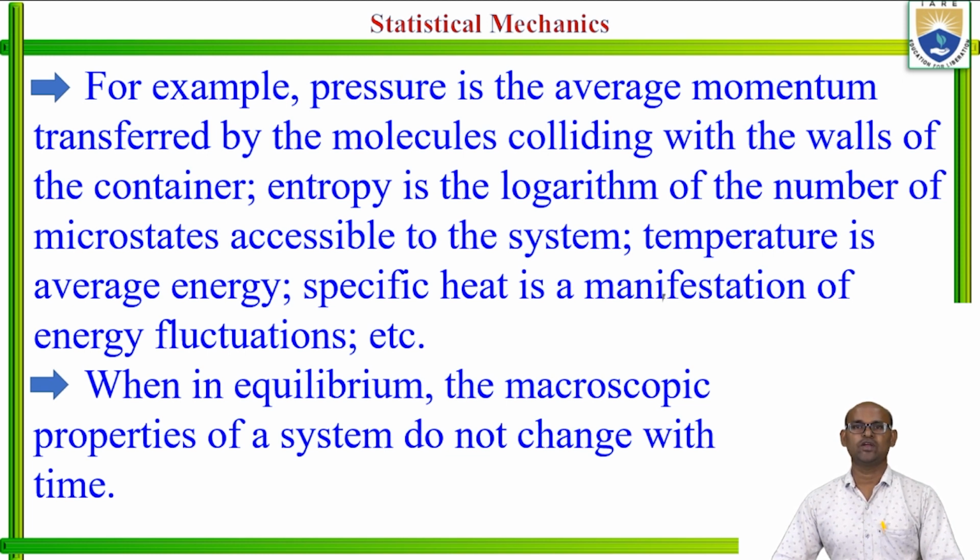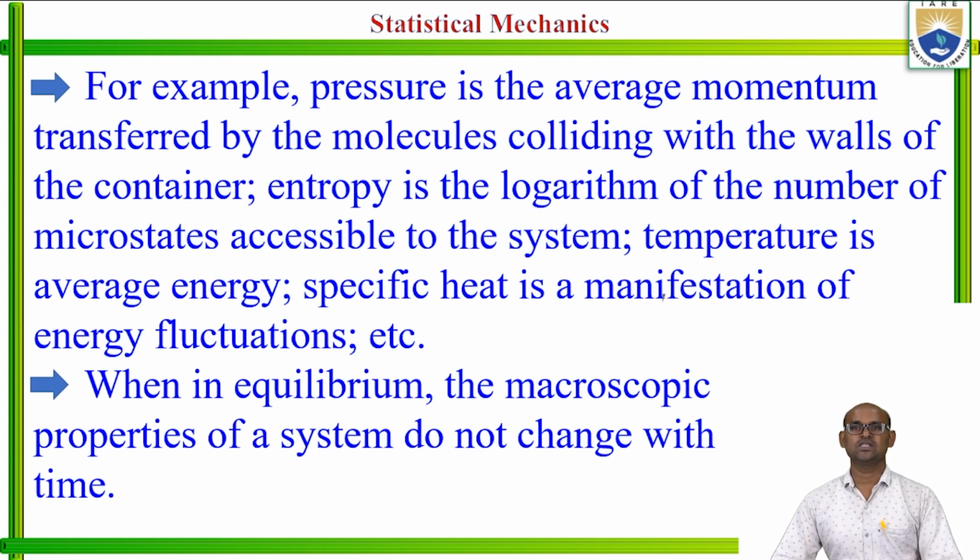Entropy is the logarithm of the number of microstates accessible to the system. Temperature is average kinetic energy, and specific heat is a manifestation of the fluctuations in energy. So there are properties that are statistical in nature, and you can use an ensemble average to obtain them and compare with experimental time-averaged quantities.